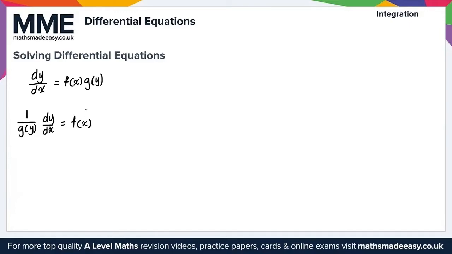And finally, the next thing we do here is just multiply by this dx. So that gives us 1 over g of y dy, and this is equal to f of x dx. And now that it's in this form, we can integrate the left side with respect to y and integrate the right hand side with respect to x.